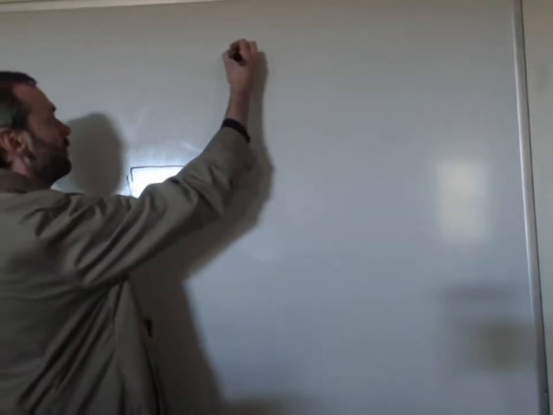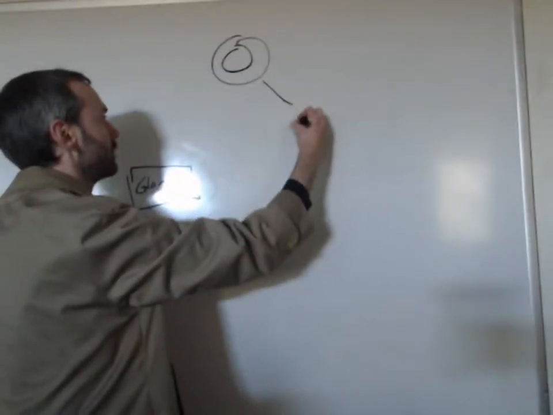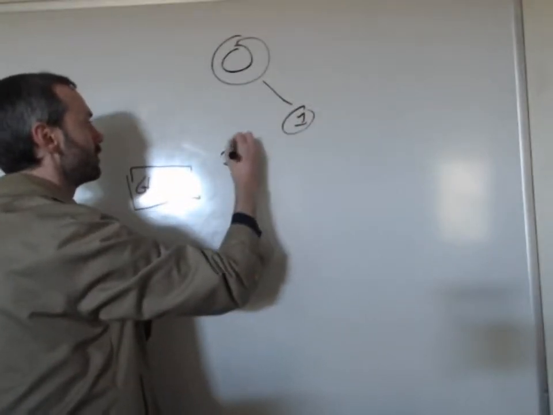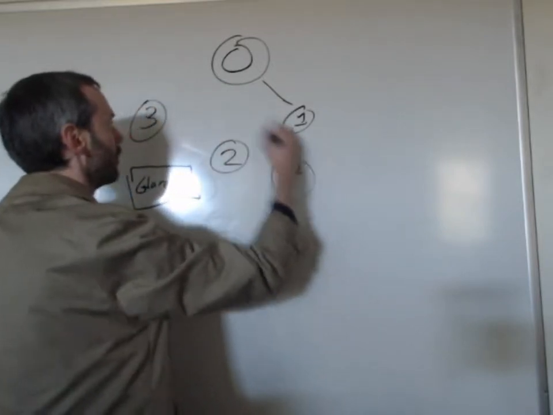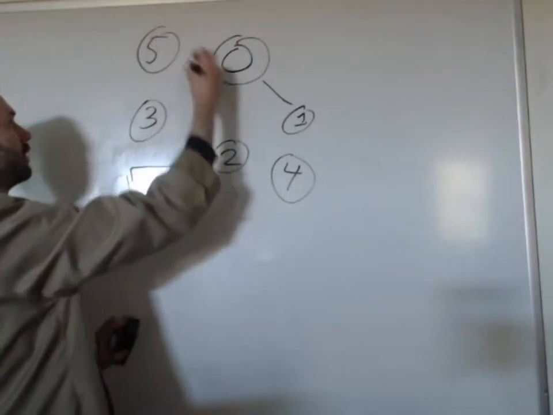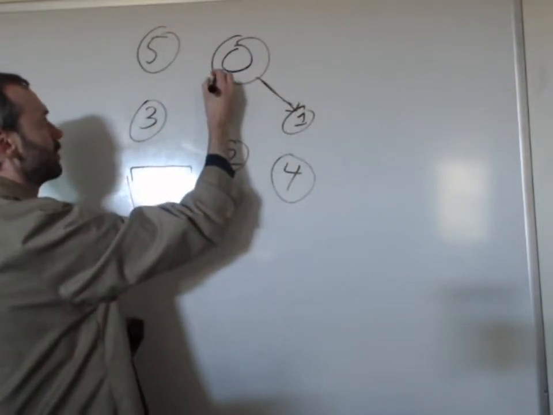Okay, so let's say we had a graph with nodes 0, 1, 2, 3, 4, 5. And let's go ahead and get some points here.